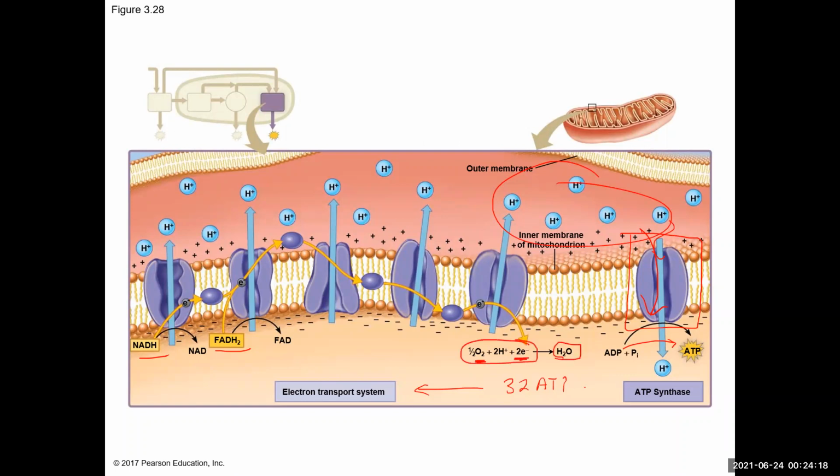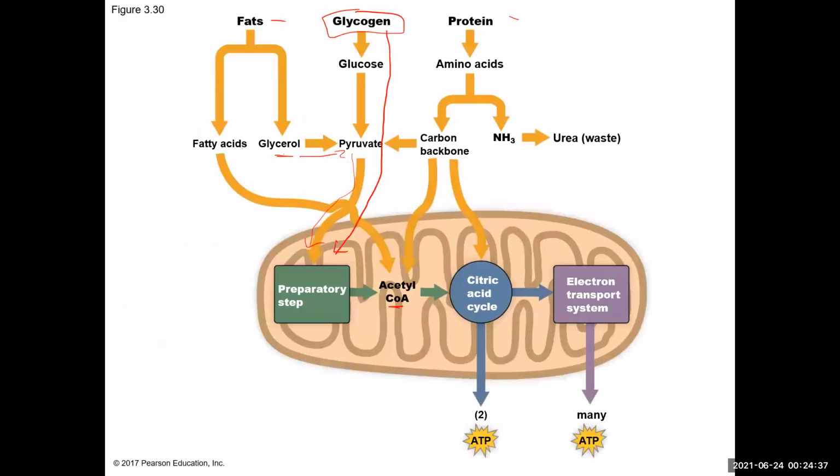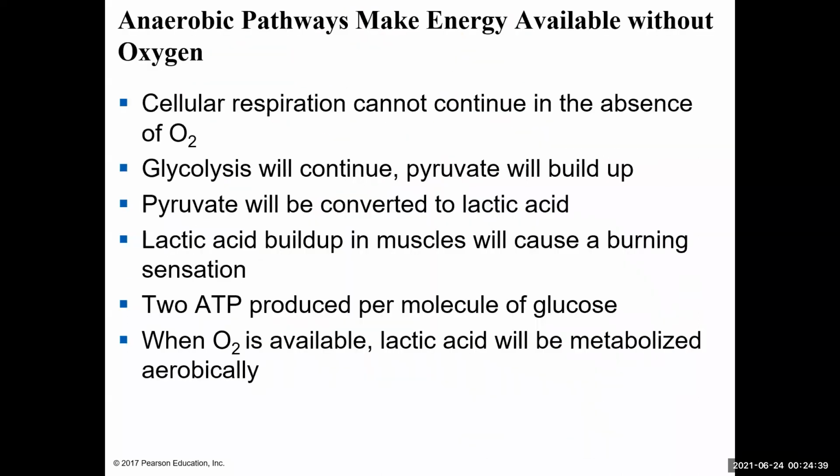If this is not there, if you don't have oxygen, this whole chain shuts down, falls apart, and doesn't work. And so your body then can't make ATP, or it can't make ATP through this process. However, it can make ATP through an anaerobic pathway, which is basically without oxygen.